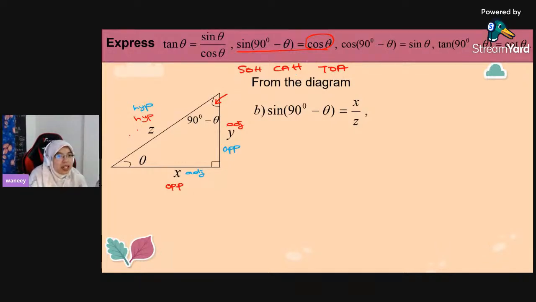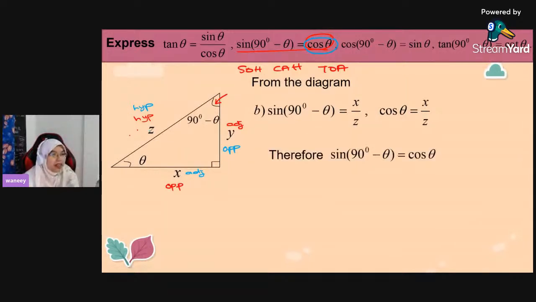So cos is adjacent over hypotenuse, the adjacent of theta is x, the hypotenuse is z. So altogether, we get the same thing, which is x over z. Therefore, you can conclude that sine of 90 degree minus theta is equal to cos theta. Actually, you can look from the graph as well, but we will just use the triangle.